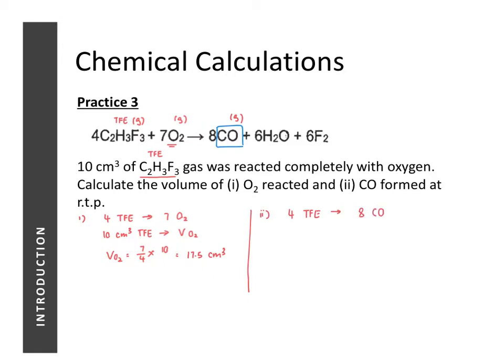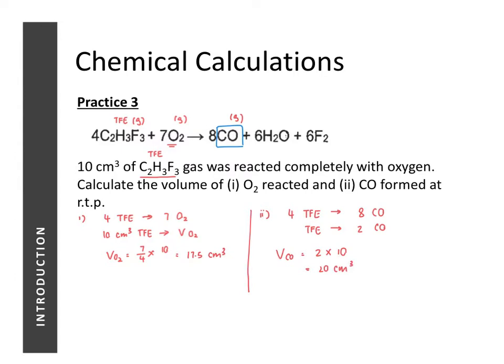Okay, so essentially the mole ratio is 1:2. 1 mole of TFE will give me 2 moles of CO. Right, so volume of CO is actually equal to 2 times the volume of your TFE, which is 20 centimeter cube.